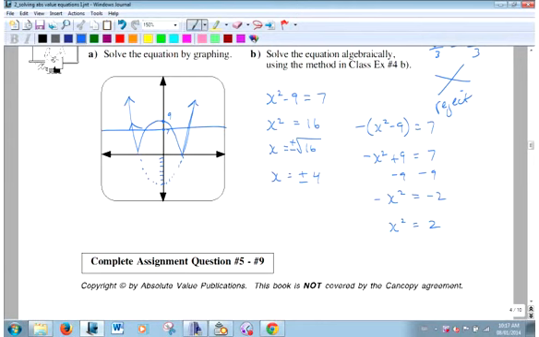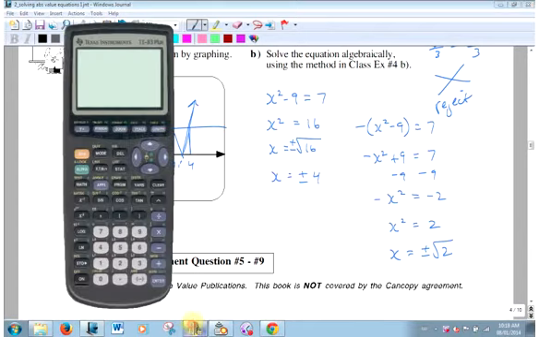Okay, divide by -1. There's lots of ways to think about it. What's x? X is plus or minus the square root of 2 as an exact answer. As a decimal, that's like 1.41 something, right? Okay, there's two answers. 4, -4. There's two answers. 1.4 and -1.4. Okay, so not so bad, right?